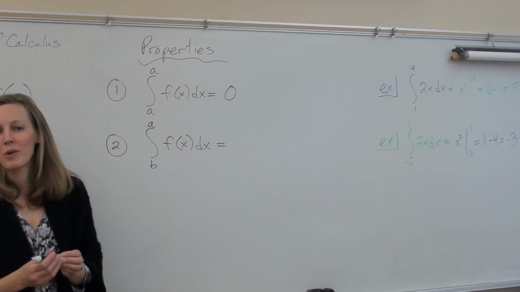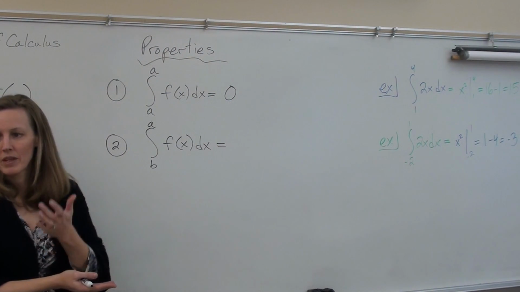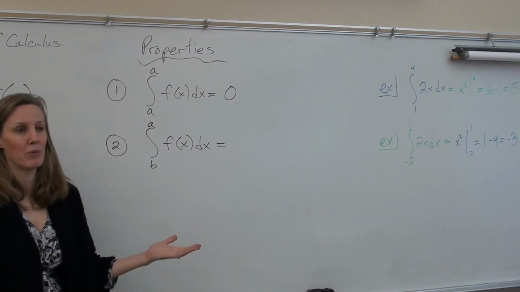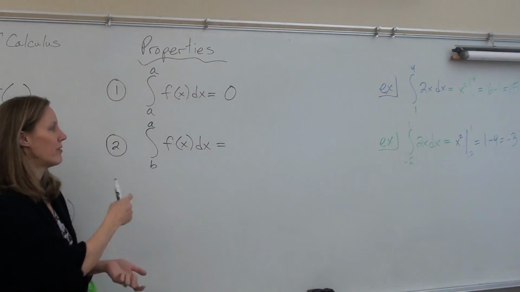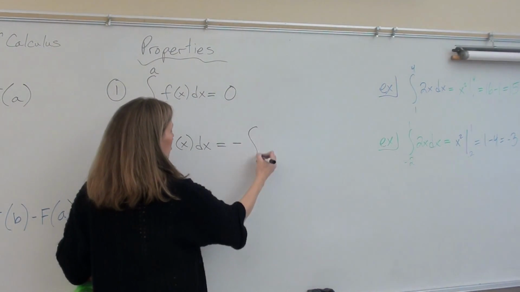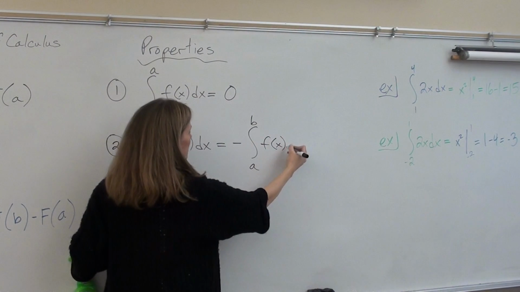So when your limits go high to low, you have to switch them. Mathematically you don't, but conceptually you're going to get problems wrong if you don't. So you're better off to just always have your limits go low to high. And the way that you do that is you just multiply the integral by -1. And then you can switch the limits.